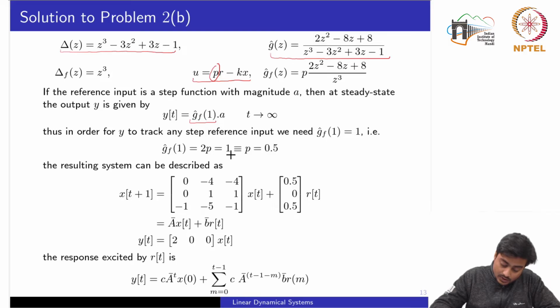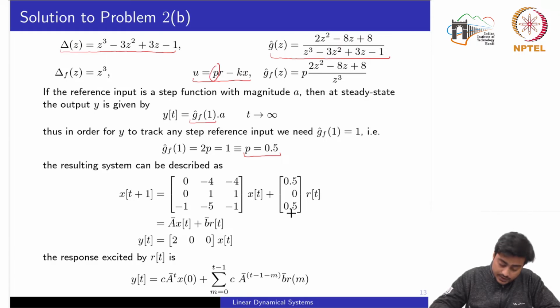And if I substitute z equal to 1, we get P equal to 0.5. So the state feedback gain vector would remain the same as we have computed in part A. Now, to track any reference input, we need to compute this P, and this P is supposed to be 0.5.